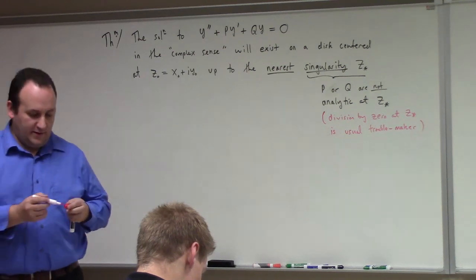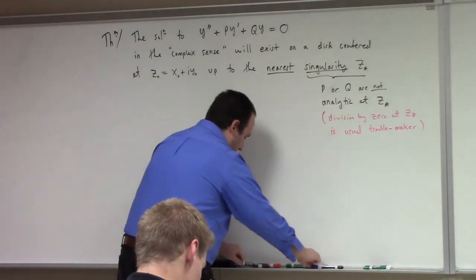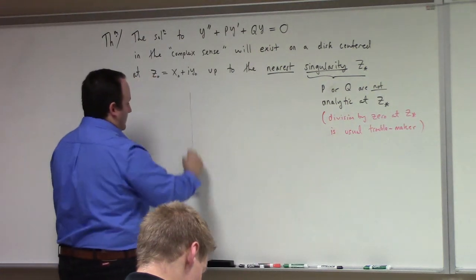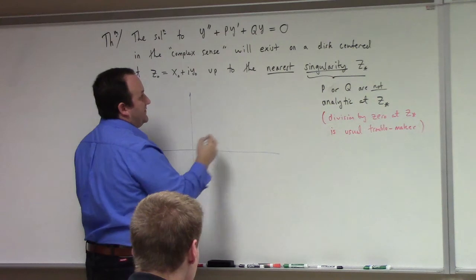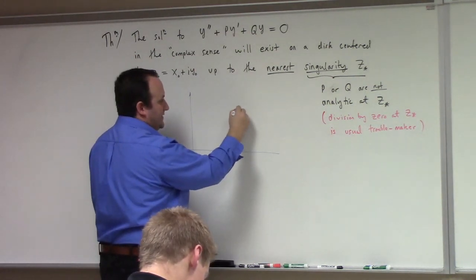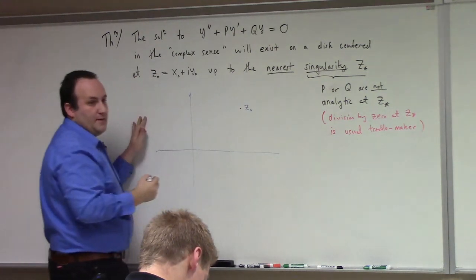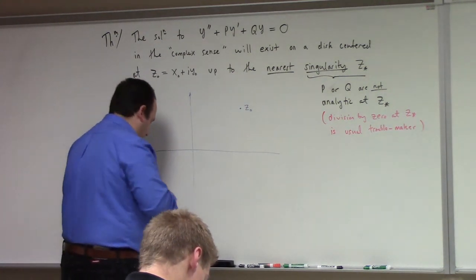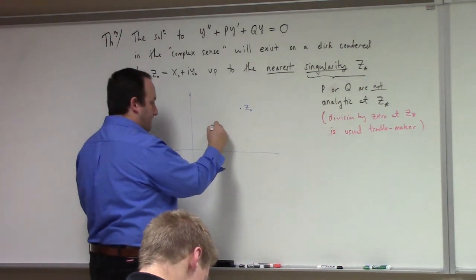All right. Now here's a picture. I'll draw you a picture of what's going on here. So if I'm looking for solutions, and we won't actually do this, but if I was looking at solutions centered at z naught like here, and suppose that I have a singular point here.